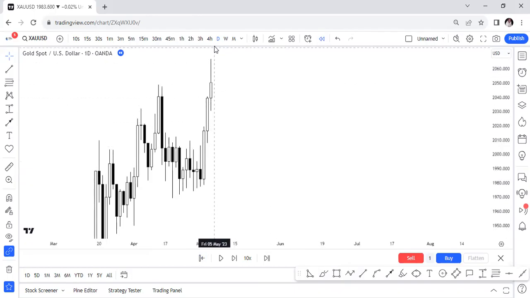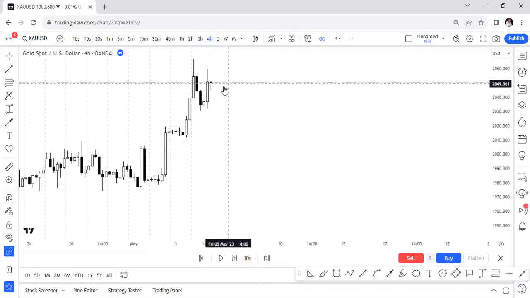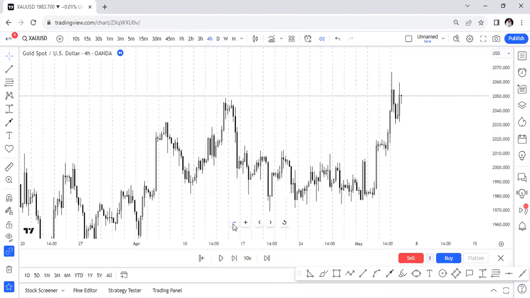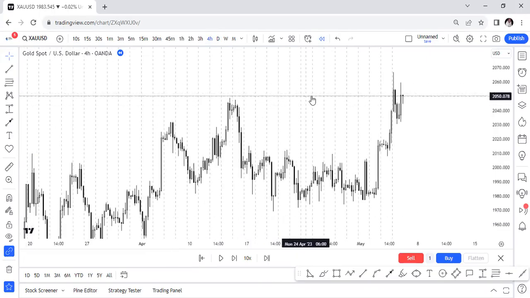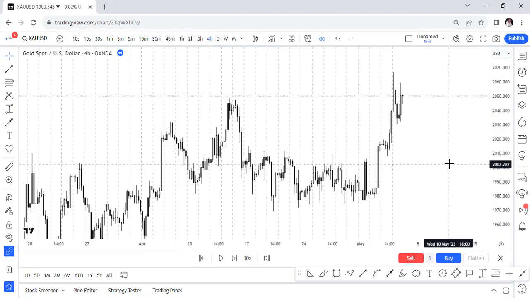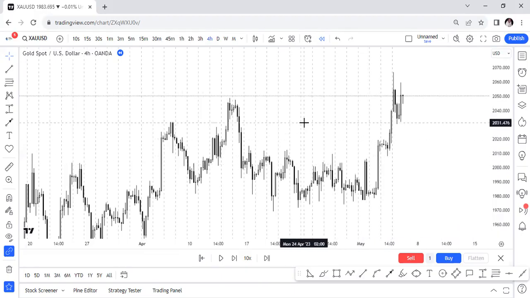If you take it lower, what do you get? See the base. This is the base that was formed out of that daily gap level.